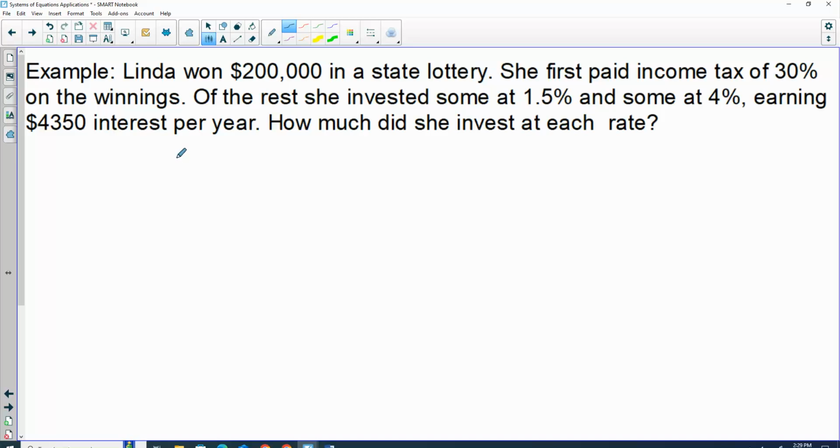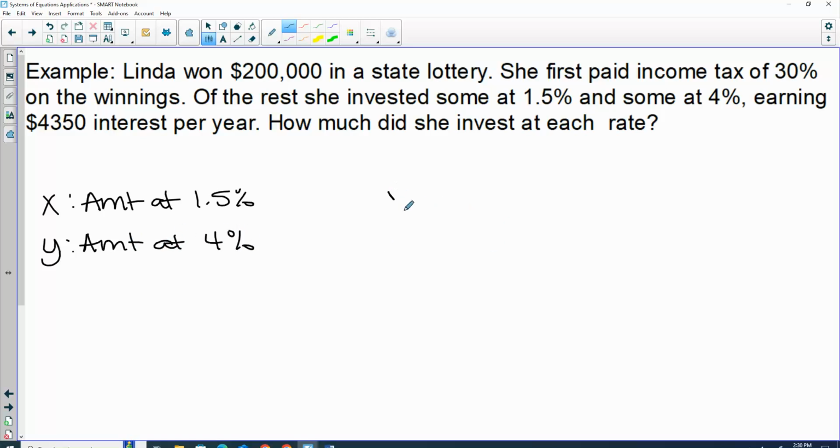Okay, this one is slightly different. We're trying to find the two rates, so our variables, x and y, what would they represent? But my first equation, did she invest $200,000?